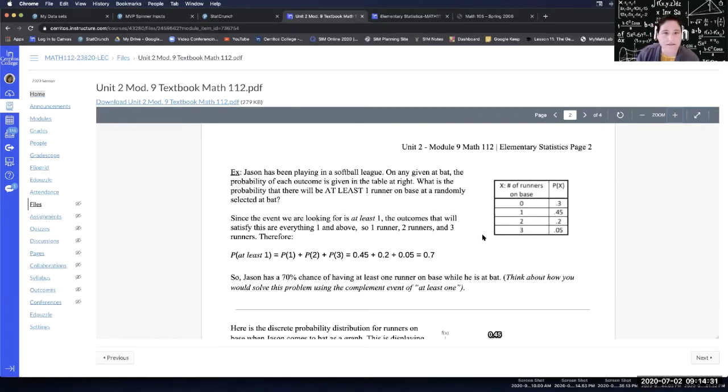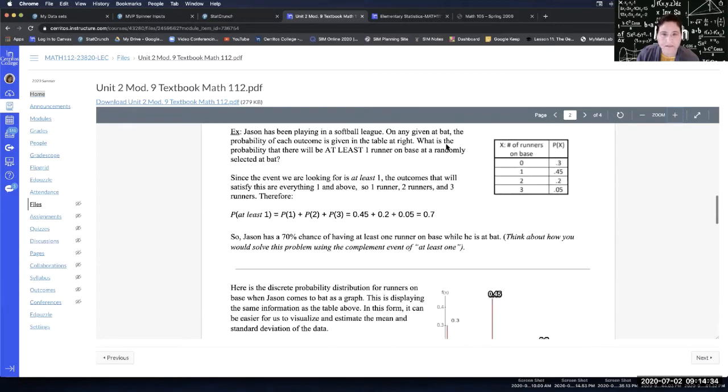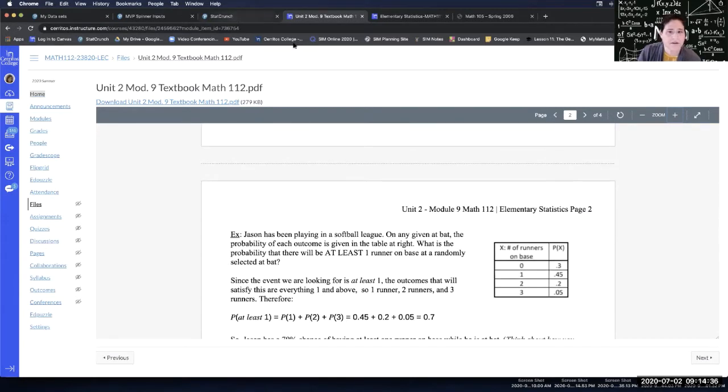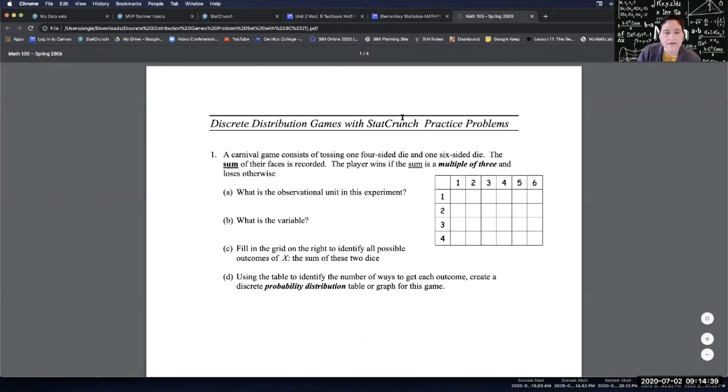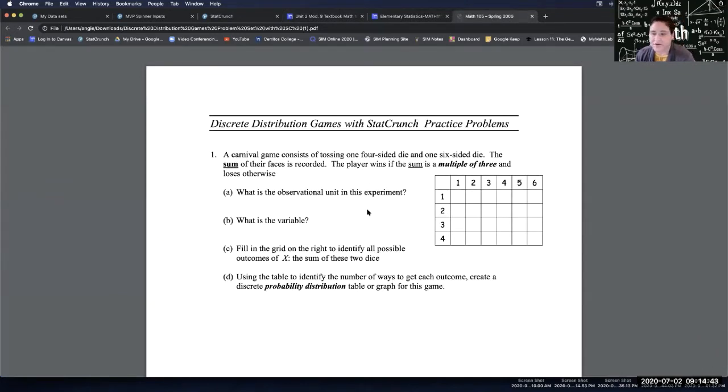All right, so let's go to StatCrunch. Do you guys all have this open? If you have a Surface, you can write on it here, or you can just take a pencil and paper and write your answers separately. You guys ready to write? Because this is going to be due tonight.